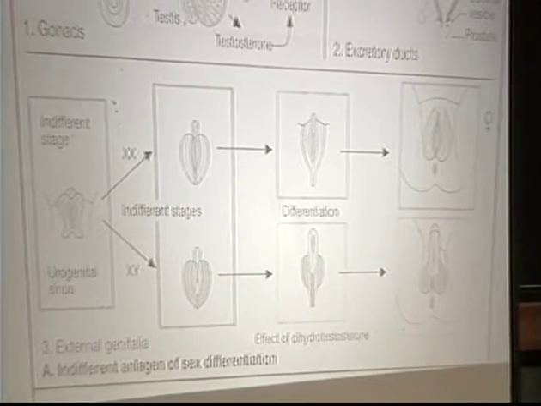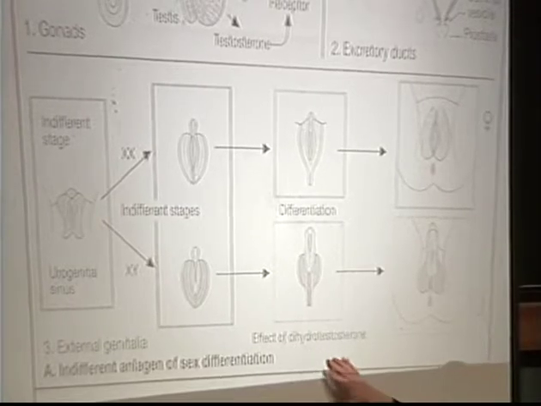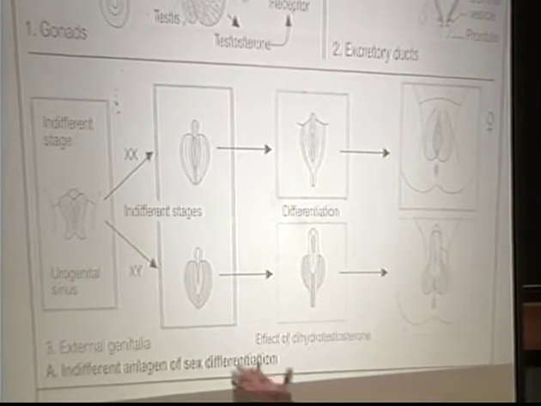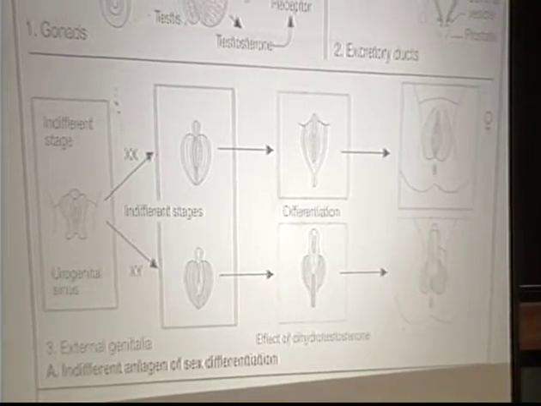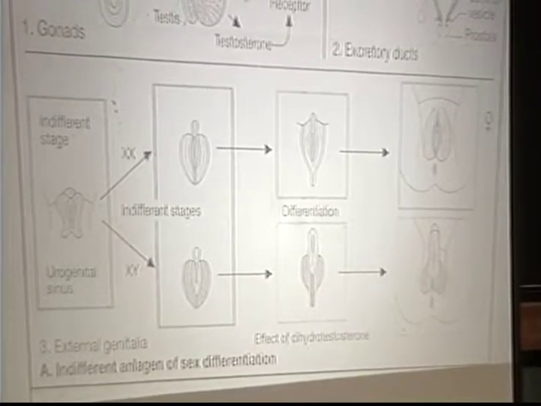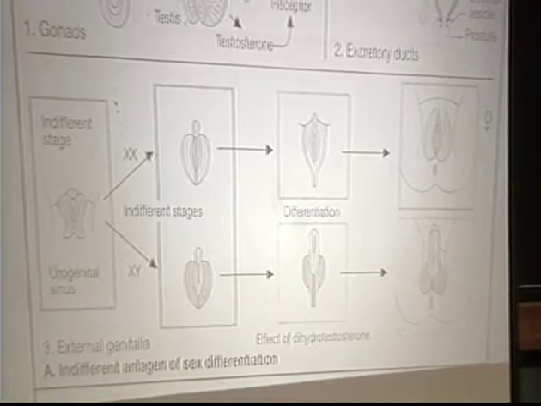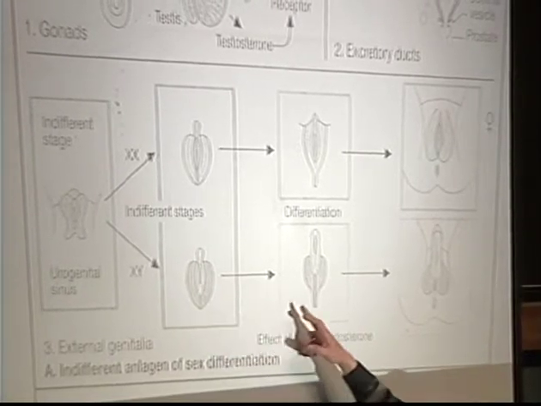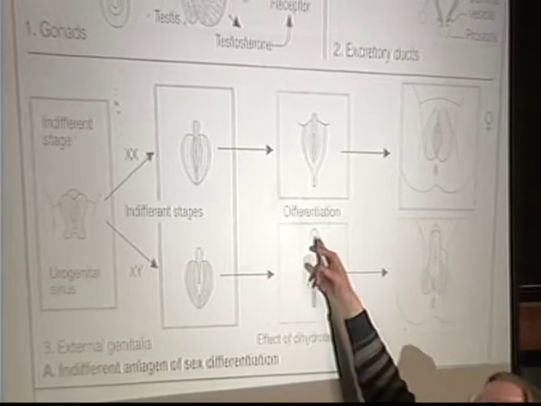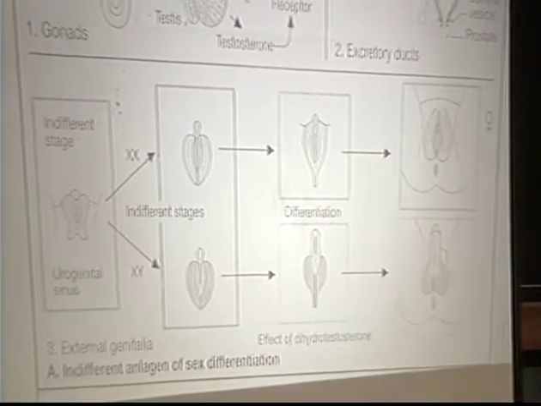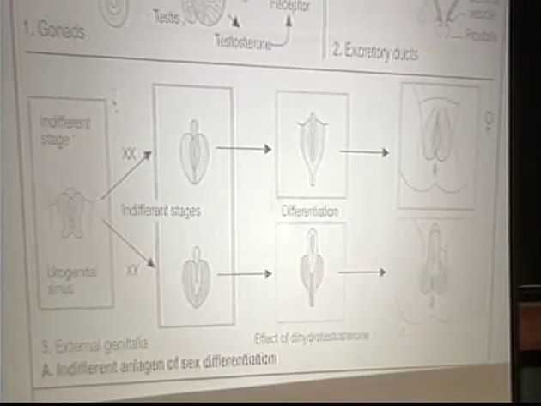The testosterone, or its derivative dihydrotestosterone, causes the production of the scrotal sac that's going to hold the testes. Okay? And then the penis grows as well. Notice the urogenital sinus in the male ends up sort of migrating up and closing off. There are individuals that are born where the urogenital sinus hasn't closed off all the way. It's a fairly minor problem.